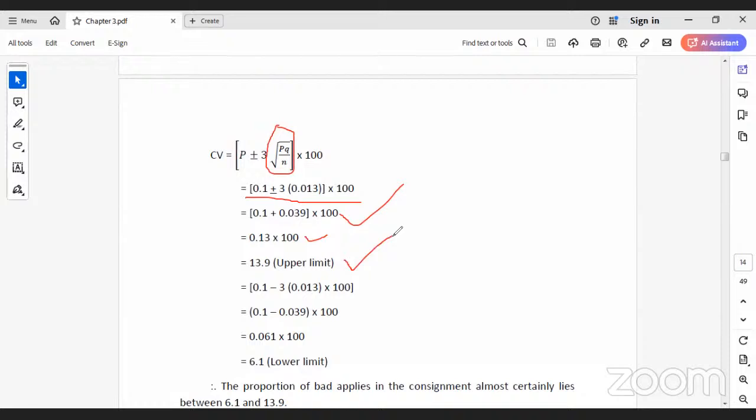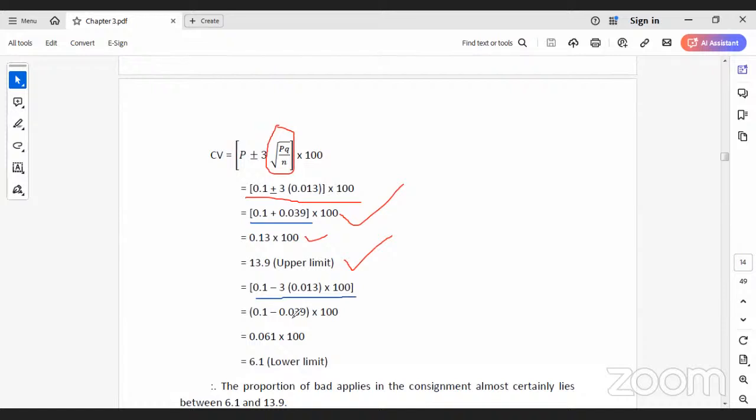Don't write upper limit or lower limit. After finding the next value only, we have to decide whether this 13.9 is the upper limit or lower limit. Okay, so first we completed the first part with the plus sign. Then with the minus sign we have to do: 0.1 minus 3 into 0.013 into 100.